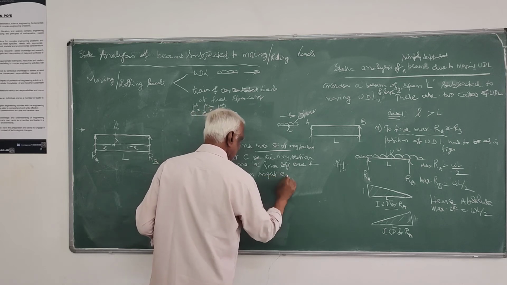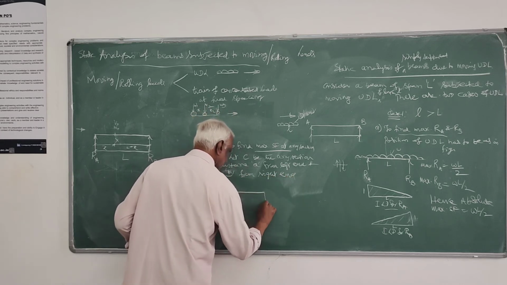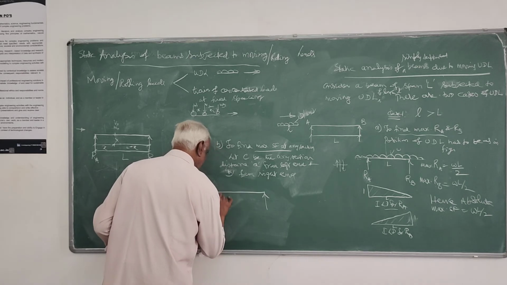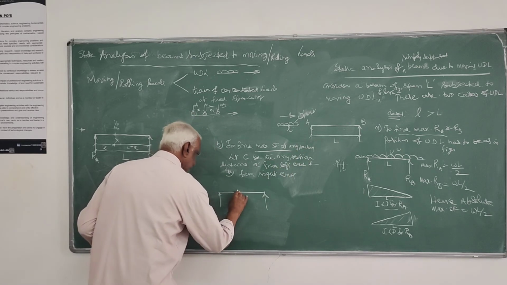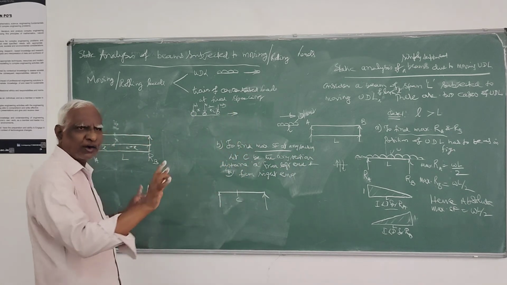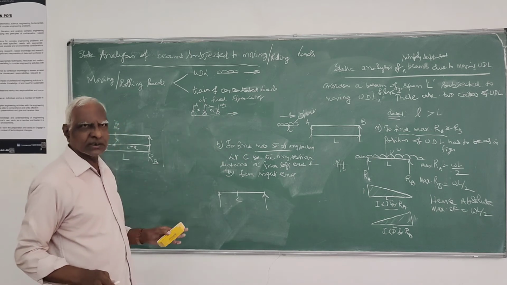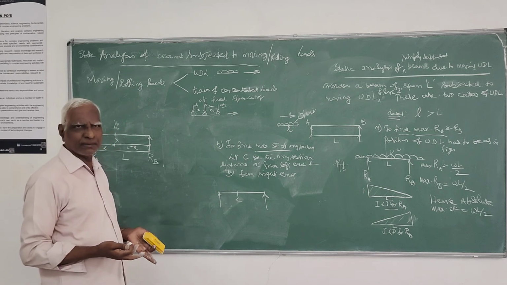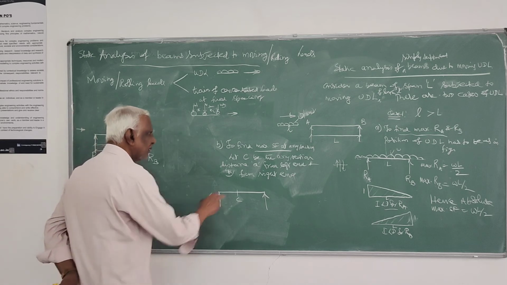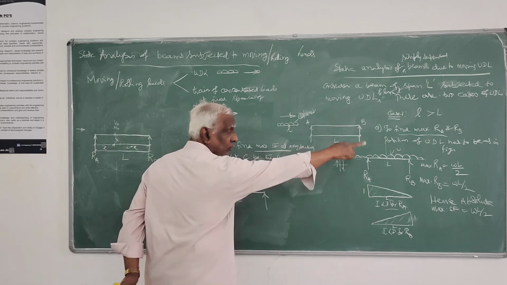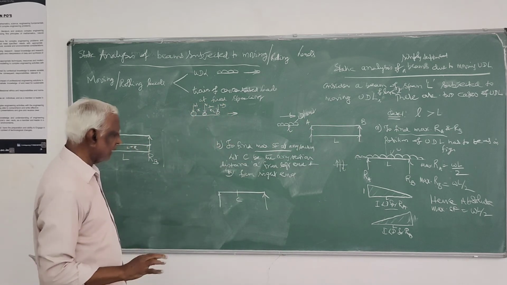You can take any section in the beam. Now, after evaluating the reactions, I am taking any section or any point in the beam, and asking what is the maximum shear force and what is the maximum bending moment. That's our second criterion. For this case, case 1 only, when the UDL length is greater than the span.